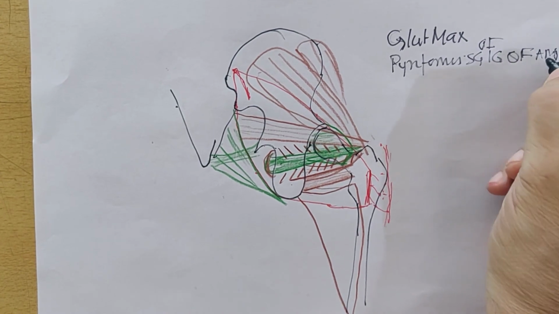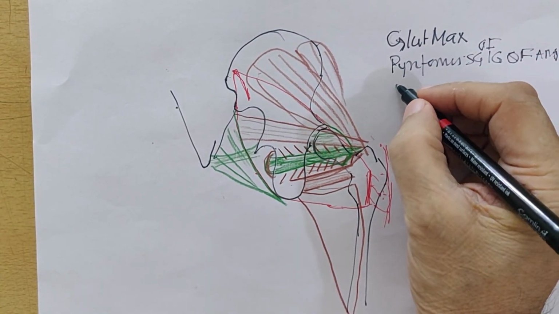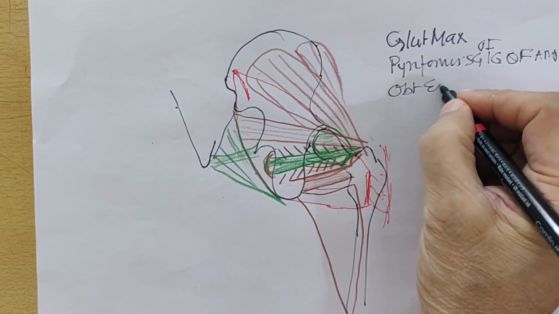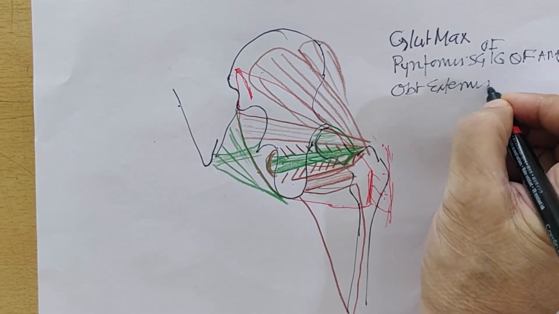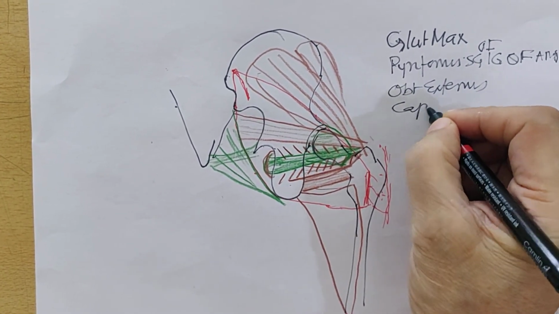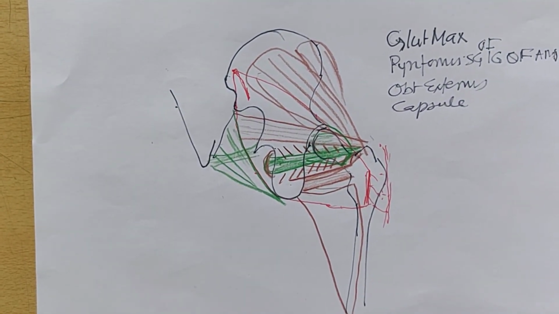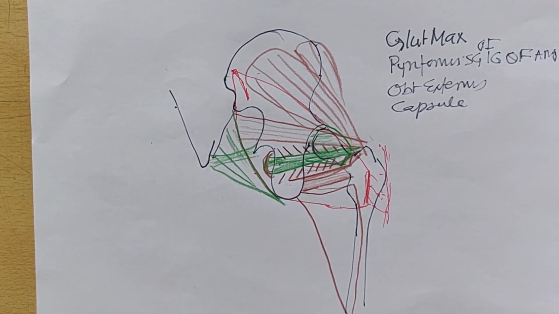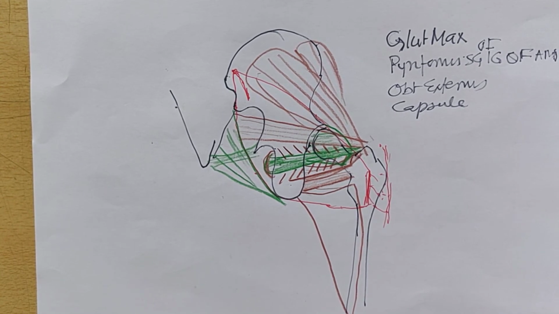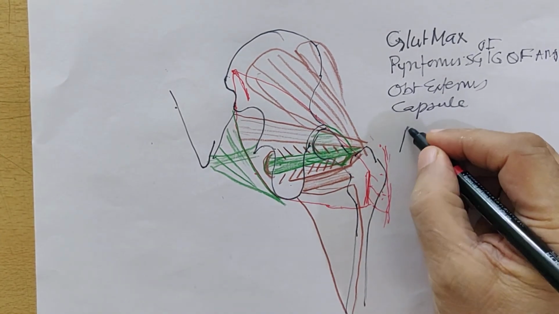Finally, before you reach the capsule, you will encounter the obturator externus, and then you will be able to divide the capsule and approach the head and the neck. This is so important because that's the posterior approach of the hip, which is also called the Austin-Moore approach.